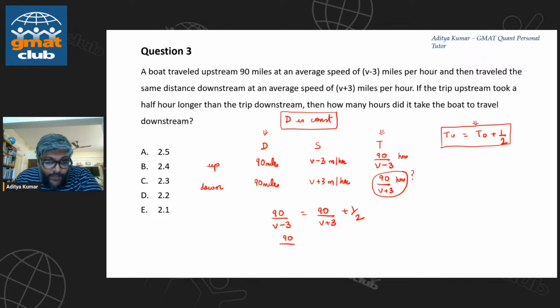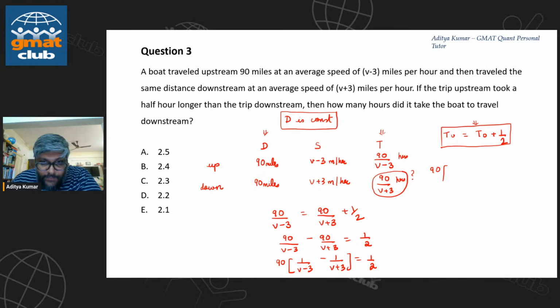So 90 by v minus 3 minus 90 divided by v plus 3 is equal to half. I will take the 90 common. 1 by v minus 3 minus 1 by v plus 3 is equal to half. I'll simplify.